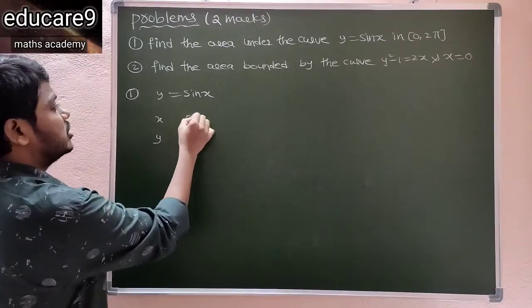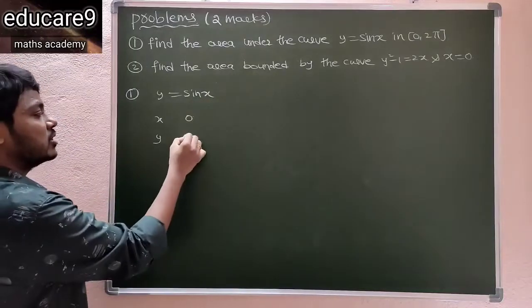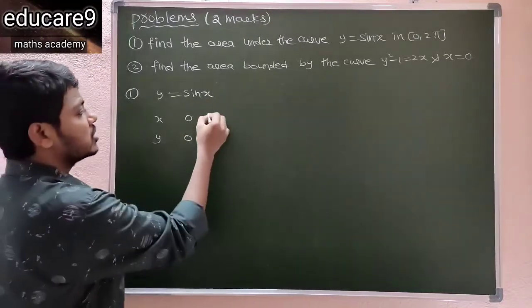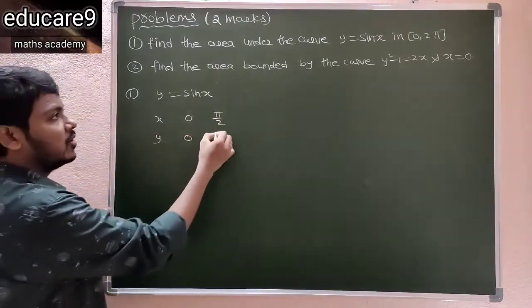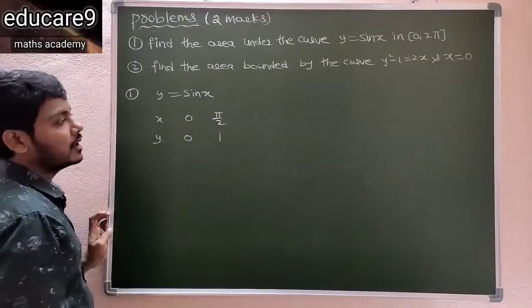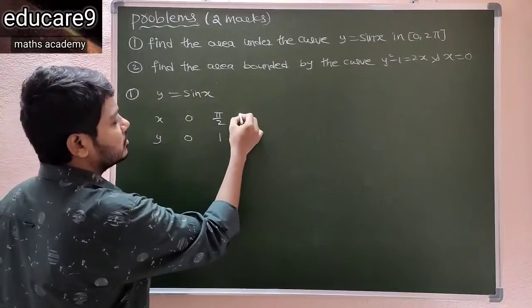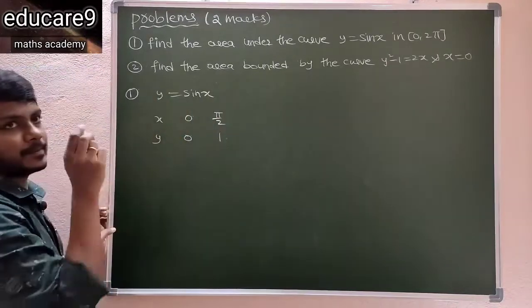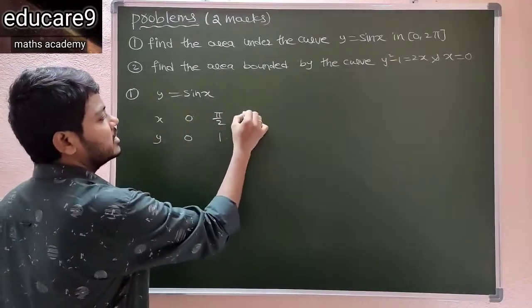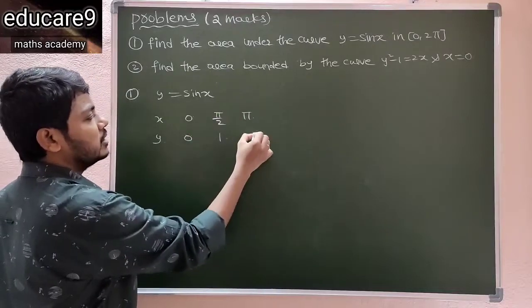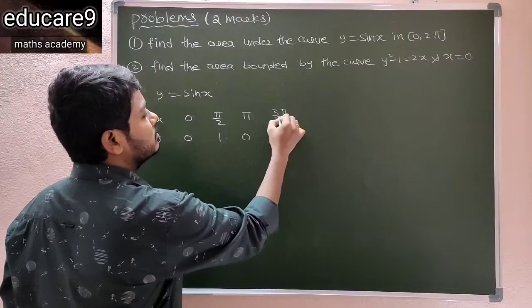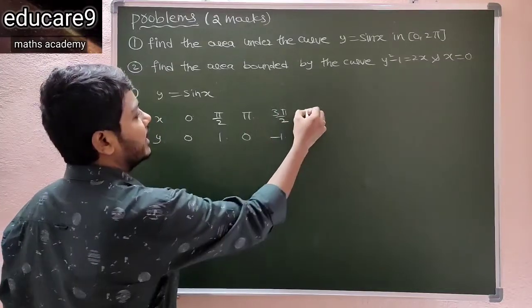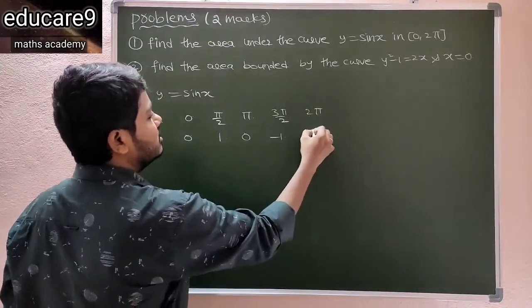Now at x is equal to 0, what is the y value? Sin 0, 0. At x is equal to pi by 2, what is the y value? 1. And at x is equal to pi, sin pi value 0. And at x is equal to 3 pi by 2, the value is minus 1. At x is equal to 2 pi, the value is 0.